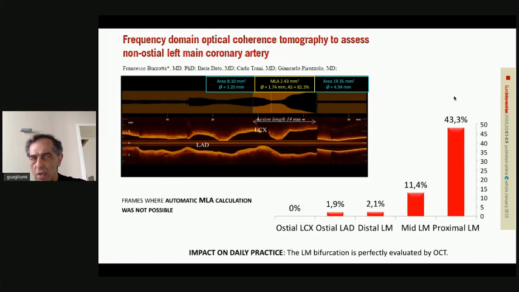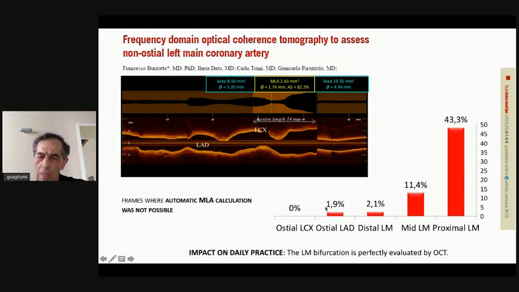The catheter selection is extremely important. It's not by chance. When you look at this data, you can see that the more proximal you are coming in the left main toward the ostium, the more you might have segments and frames that are not clearly available for making measurements. They are richer in artifact.